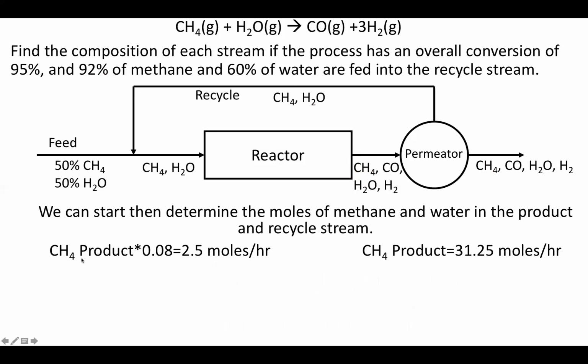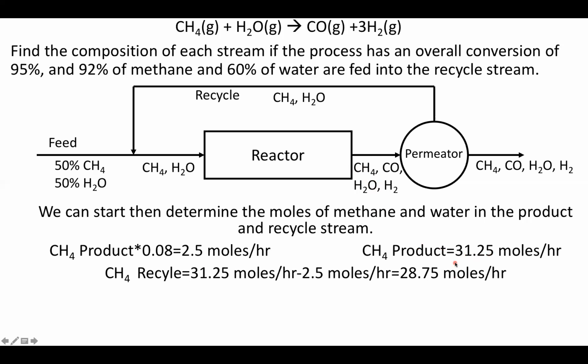So I know that the direct methane product times 8% is going to be 2.5, which means that in this direct product stream, I've got about 31.25 moles per hour, so a fairly large rate of methane production, which again means that the remainder of this is going to end up in the recycle stream.